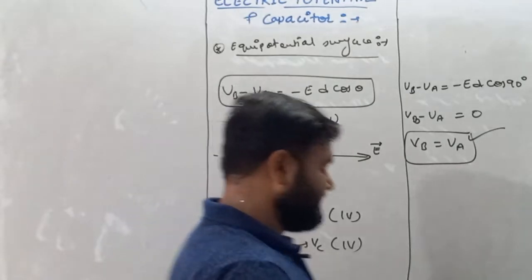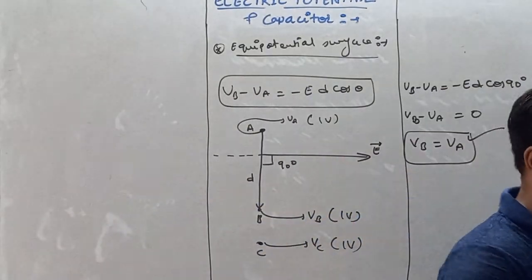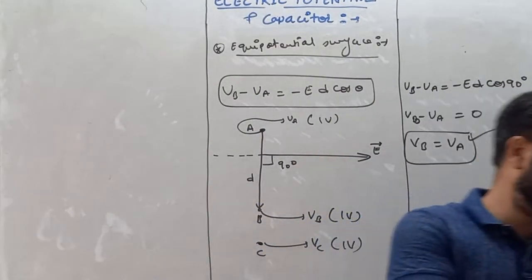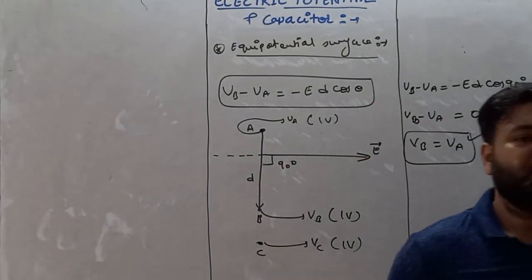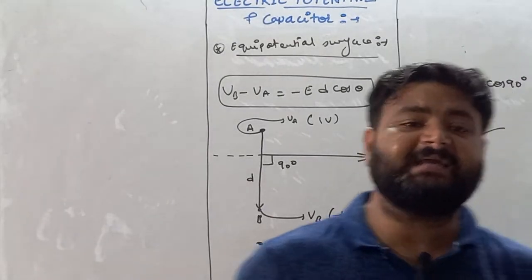So what does it imply? It implies that if we move perpendicular to the electric field, no change in potential can take place.